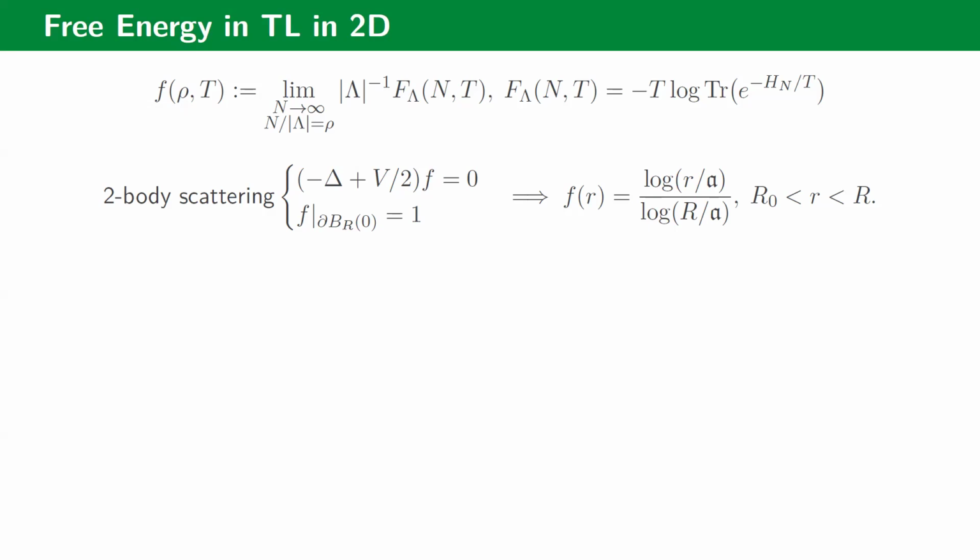You look at the scattering equation, which exactly describes the interaction of two particles. And you see that, at least as soon as you're outside the support of your potential, your f in 2D should be like a log. And then there's this funny parameter a appearing here. This is the definition of a, which is the scattering length. It models how two particles interact.